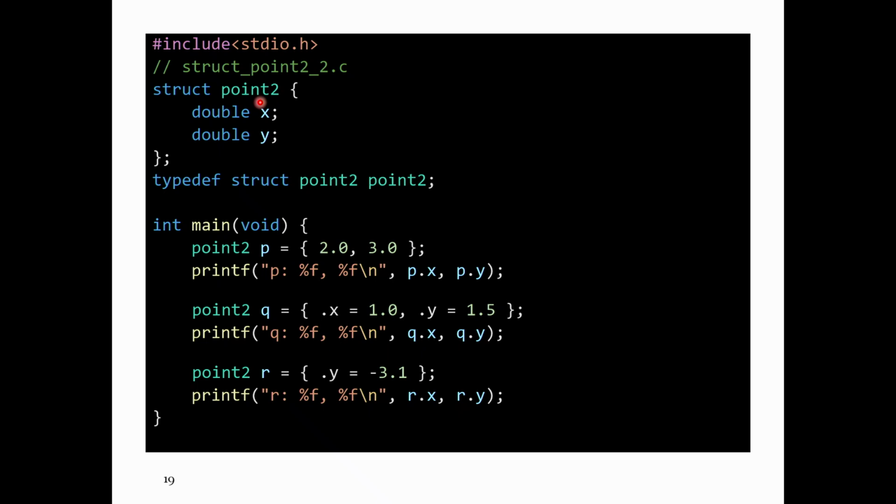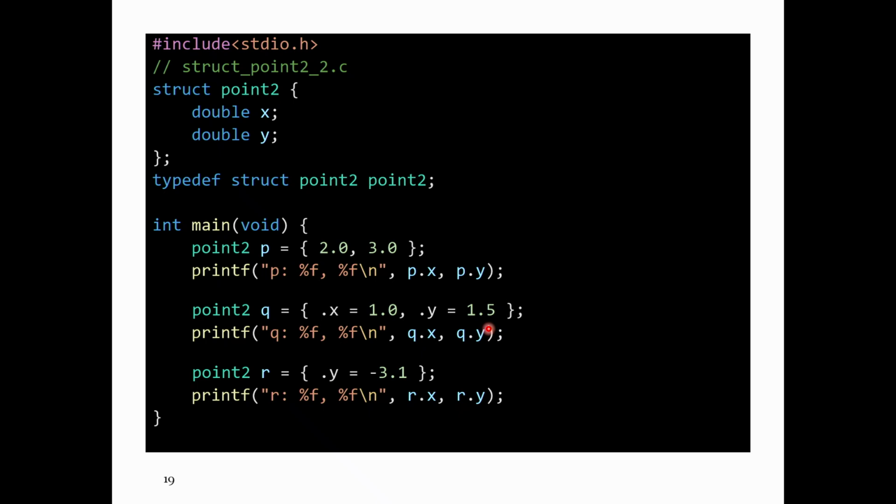Okay, so here's my structure up here. Same structure as point2. There's my typedef. The first point p is initialized to the point 2, 3. So p.x gets the value 2, p.y gets the value 3. Q is where I'm actually assigning values to the individual members. So inside the braces, it's not x equals 1, it's .x equals 1, and then .y equals 1.5.